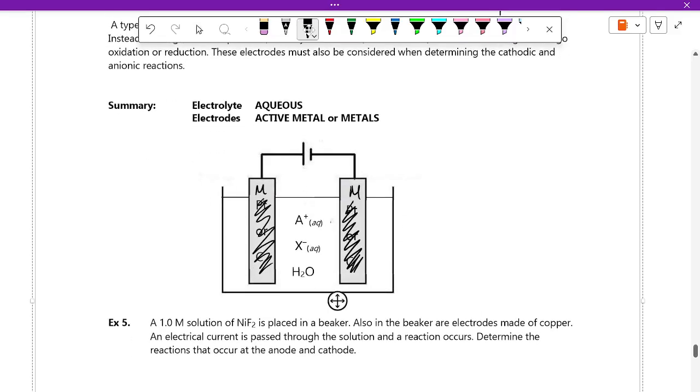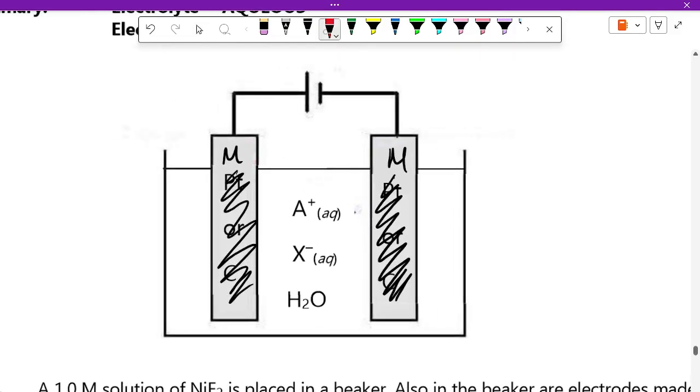So we need to fix this here. Yeah, get rid of the platinum or the carbon because these are metal. Not both of them have to be active, but often they are. Okay?